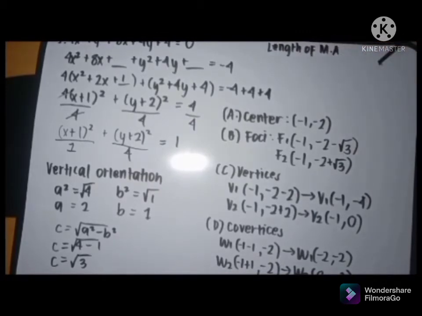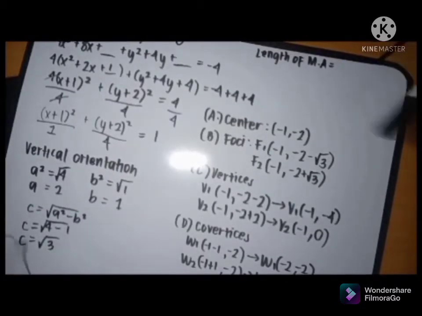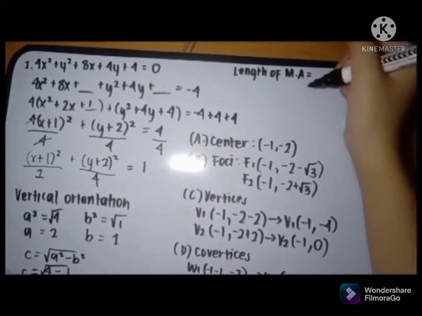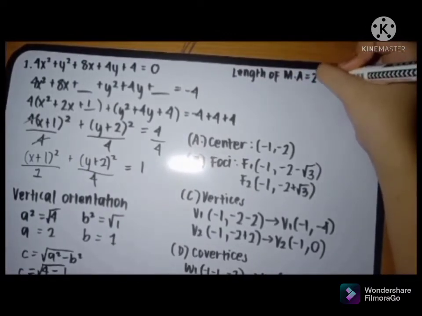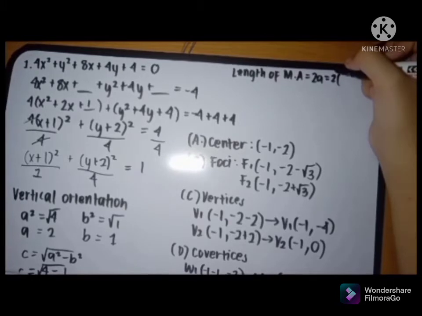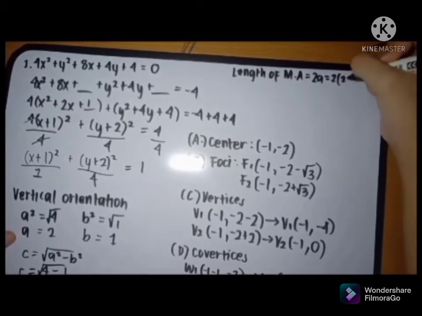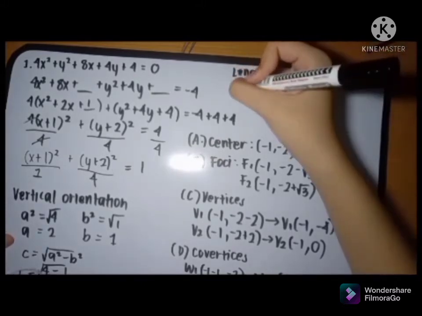The formula we are going to use to find the major axis is 2A. Substitute A: 2 times the value of A, which is 2, so 2 times 2 is equal to 4. So that will be 4 units.